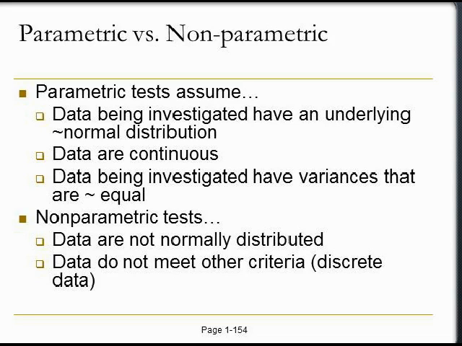The assumption that we can deviate from probably with the least amount of harm is that third assumption, that is the variances being approximately equal. Parametric tests are fairly robust.